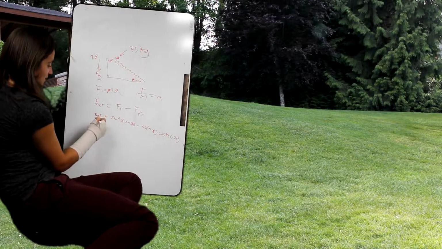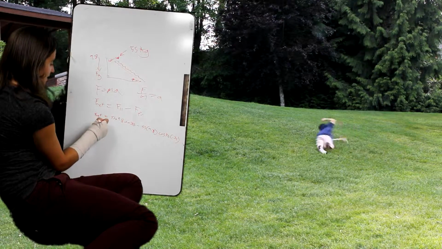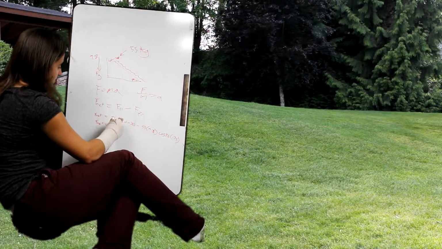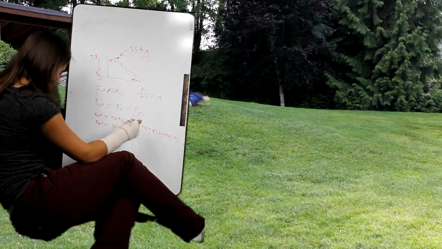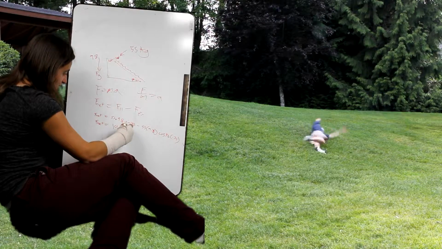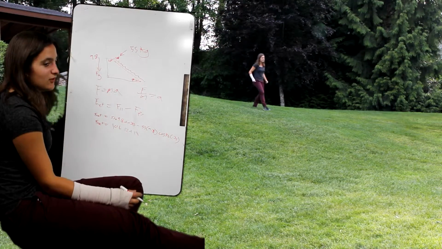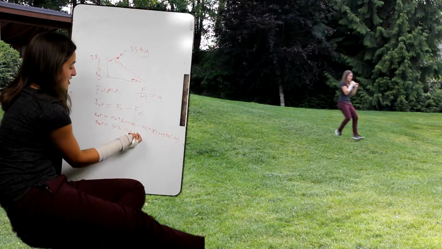So, once we calculate all of that, we get his net force is 106.124 newtons. And I did that all in my head because I'm really smart, and that's an N, I swear.